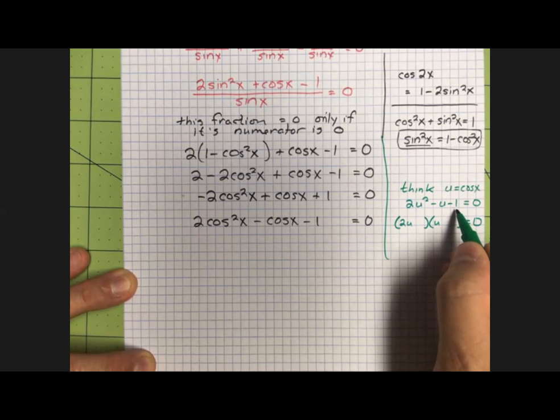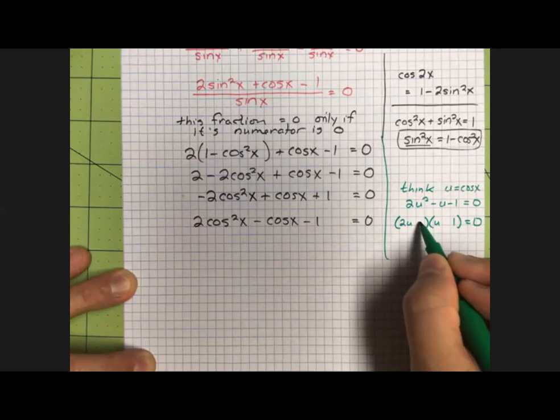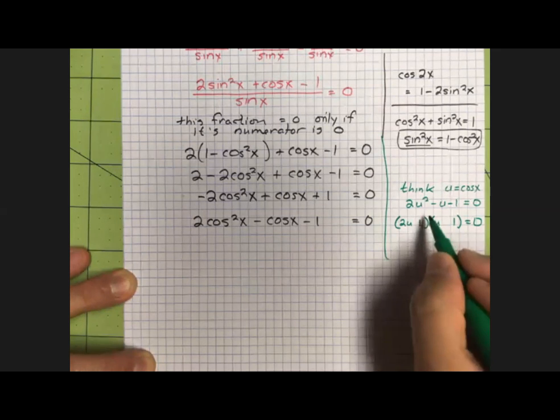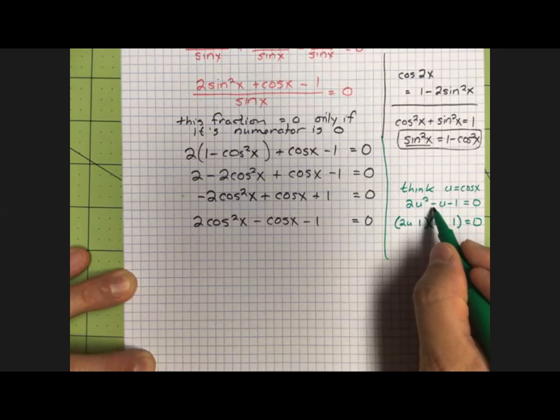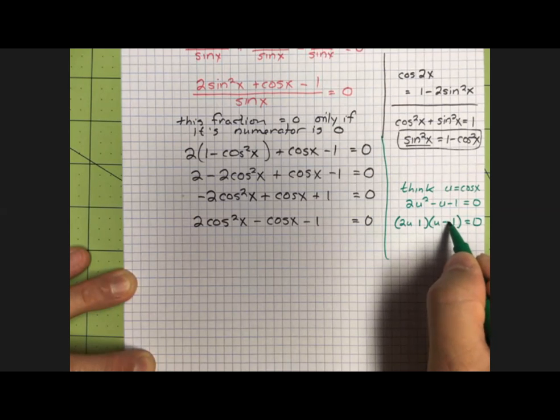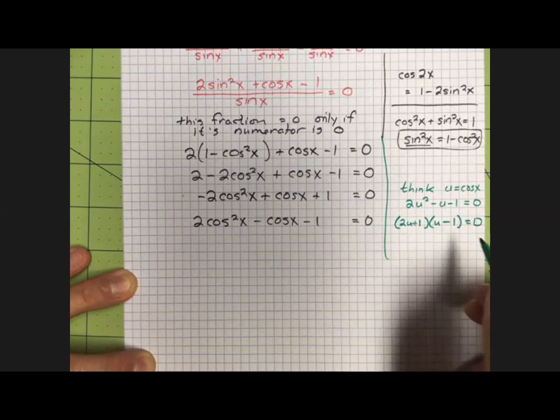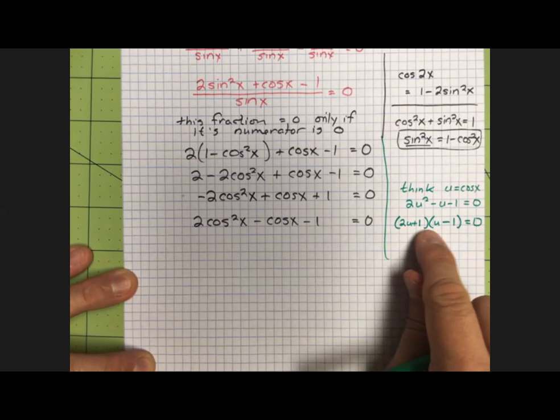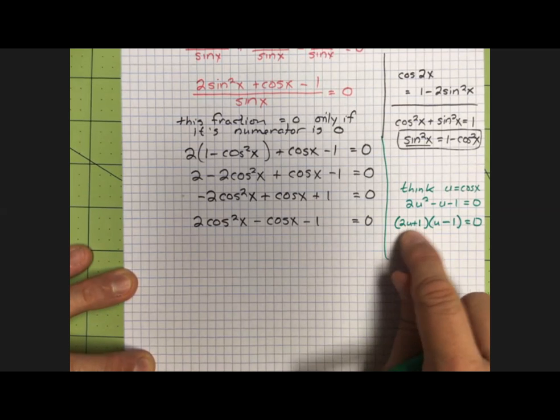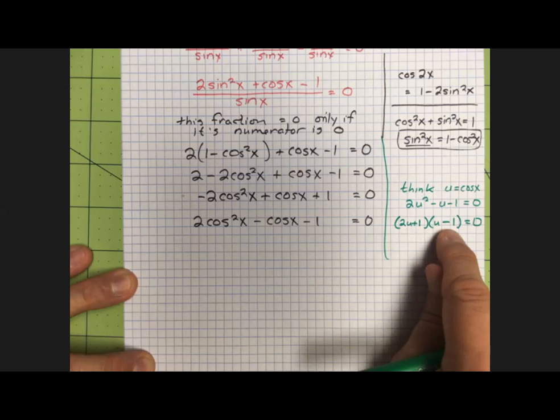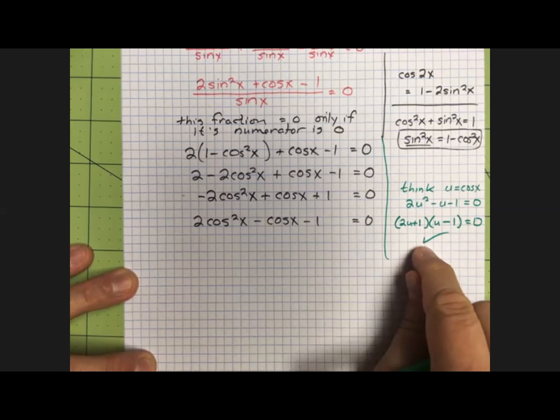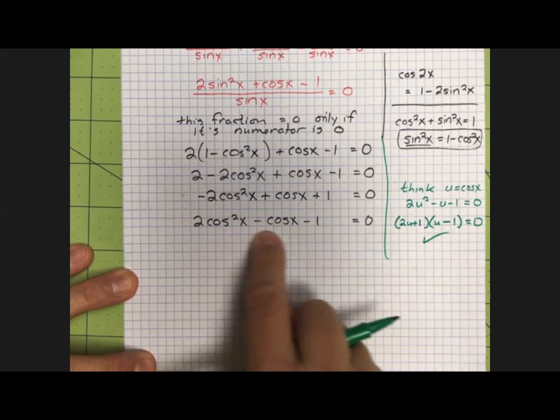The only way to make 1 is 1 times 1. I want minus u in the middle, so how about minus 2u and plus 1? Is that a legitimate factoring? 2u squared, yes. Plus u minus 2u is minus u, yes. Plus 1 times minus 1 is minus 1, yes. So this is a legitimate factoring, and that means I can break this down.